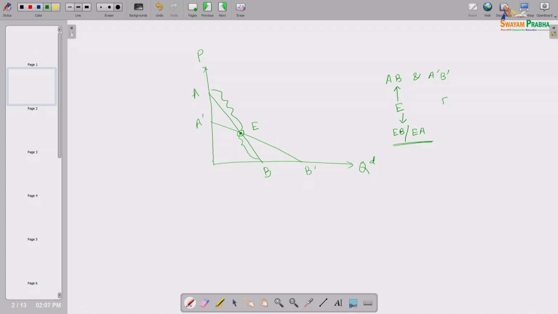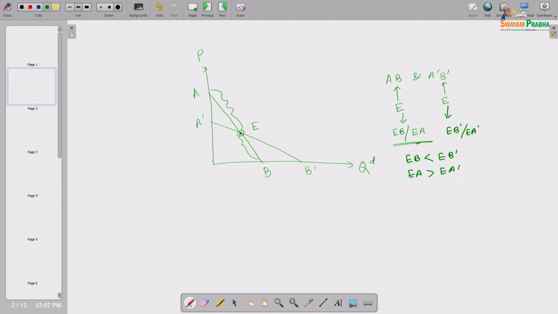When E lies on the A prime B prime demand curve, the absolute value of the own price elasticity is EB prime by EA prime. As you can easily see, EB is less than EB prime and EA is greater than EA prime.